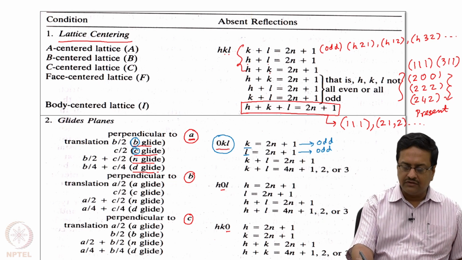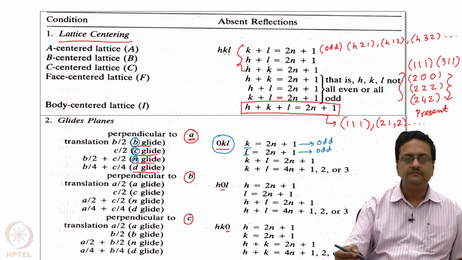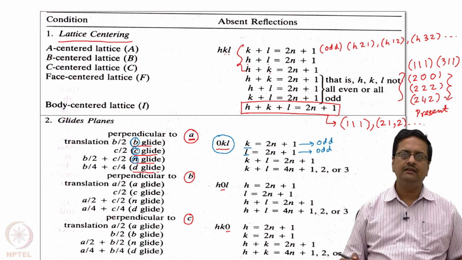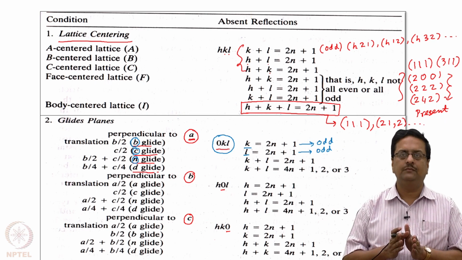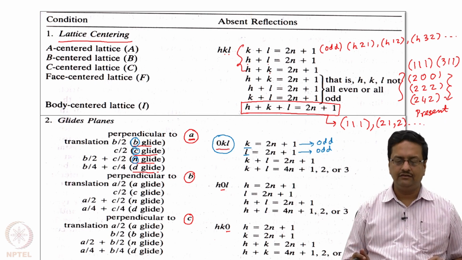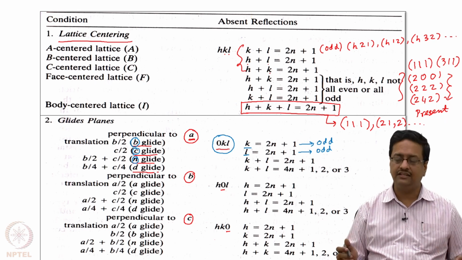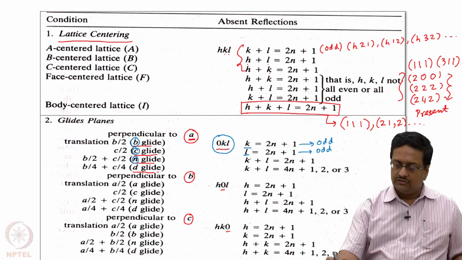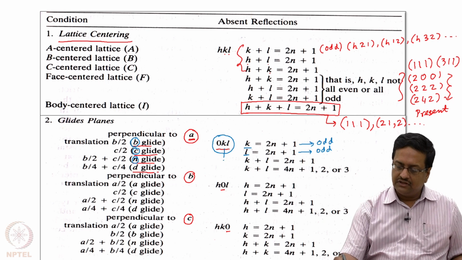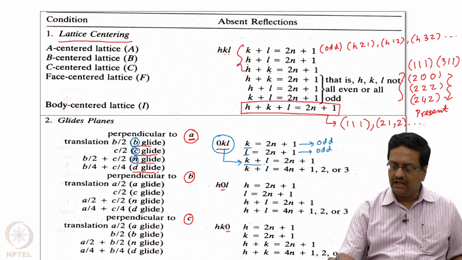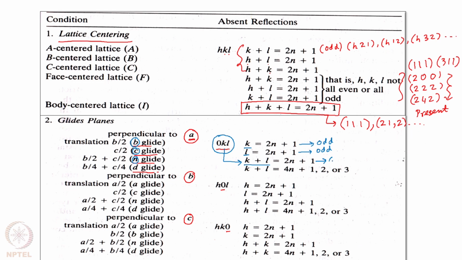In the same manner, when we say it is an N glide perpendicular to A, that means the translation happens simultaneously along B and C. So, in that case, the sum of the indices K plus L is going to be odd, and those reflections are going to be absent.